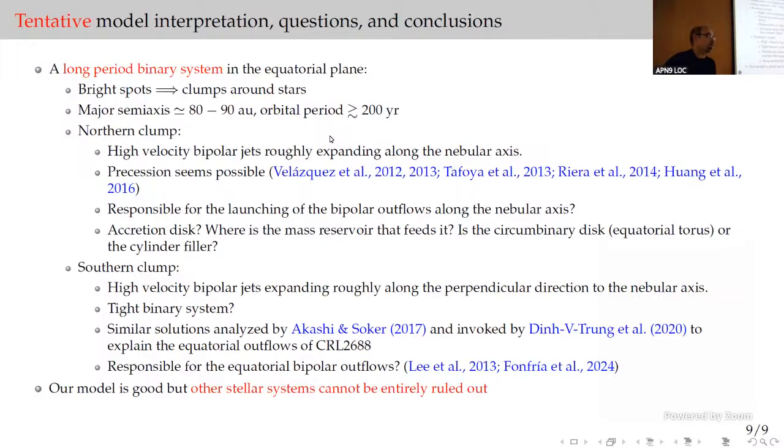No, in this case, what we have is an equatorial torus, and these outflows are inside it. What we are thinking here is that maybe these outflows are launched from the southern clump and go through the cylinder and out, but in the equatorial plane, so it's not possible to see them in the optical, for instance. I don't know exactly if there is a kind of nebula here, but we were not thinking of something like that.